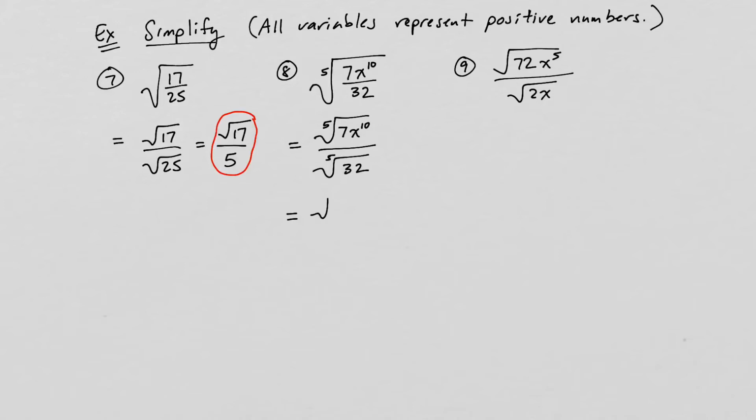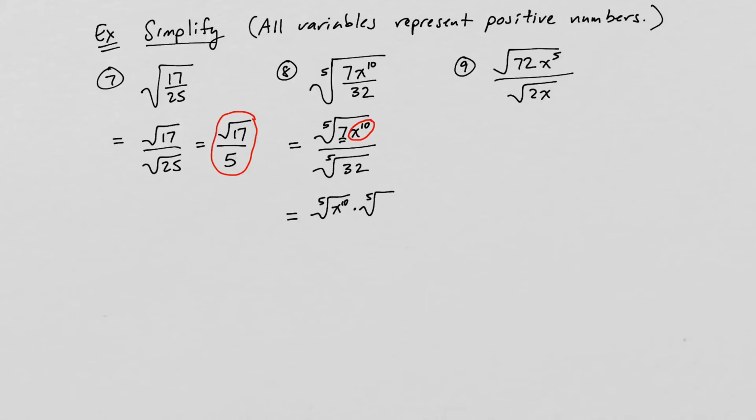So in the numerator, we're going to break this down into the 5th root of something times the 5th root of something else. And x to the 10th is a perfect 5th power because the power here is a multiple of 5. And so we can say we have the 5th root of x to the 10th.